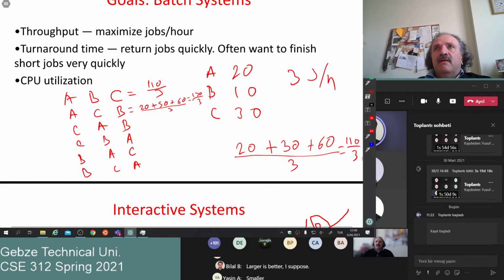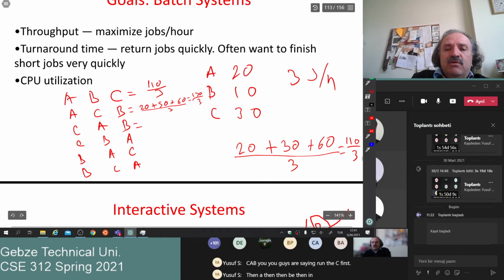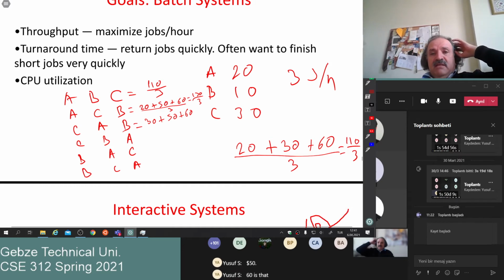Smaller. CAB, you are saying run C first, then A, then B. Then in that case it's going to be 30 plus 50 plus 60. Am I doing it correctly?